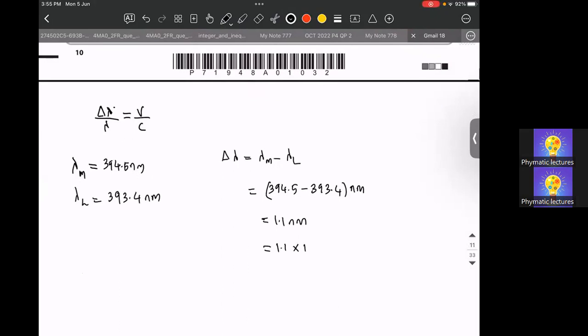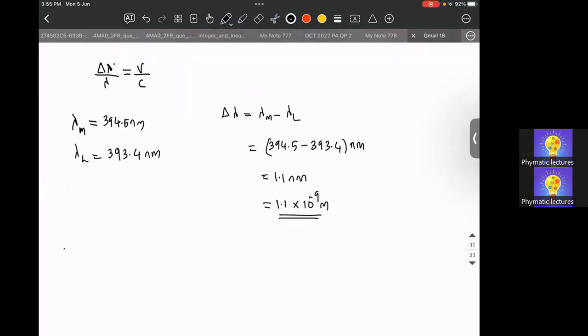Converting to meters, 1.1 × 10^-9 divided by lambda. Lambda here is the original wavelength measured in the lab, 393.4 × 10^-9.